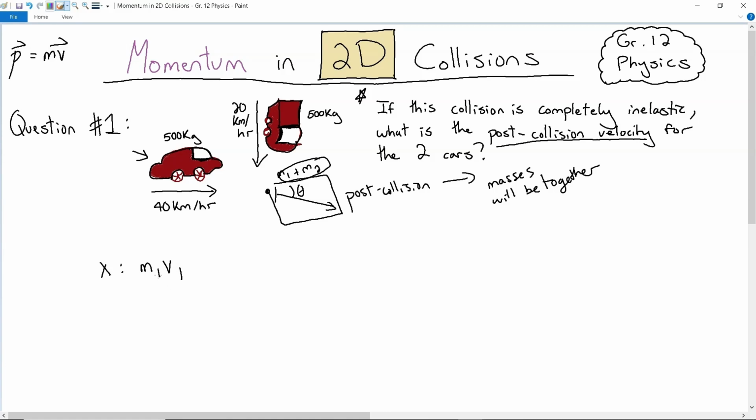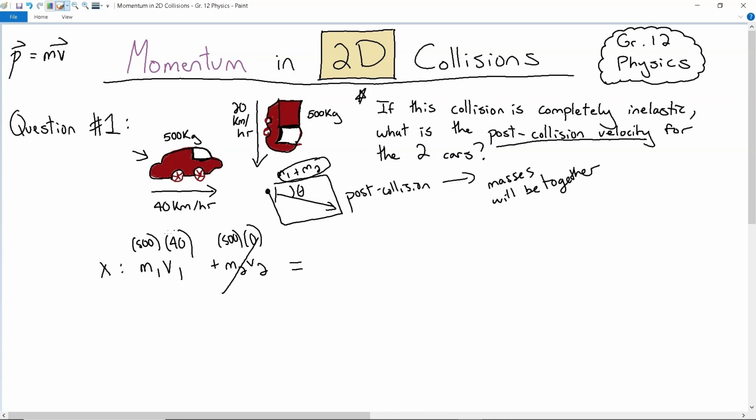Momentum is mass times velocity, so this would be 500 kilos times 40 kilometers an hour. Like I said, we do have a mass here, but we have 0 x velocity. We only have y velocity, right? So we can ignore this section.